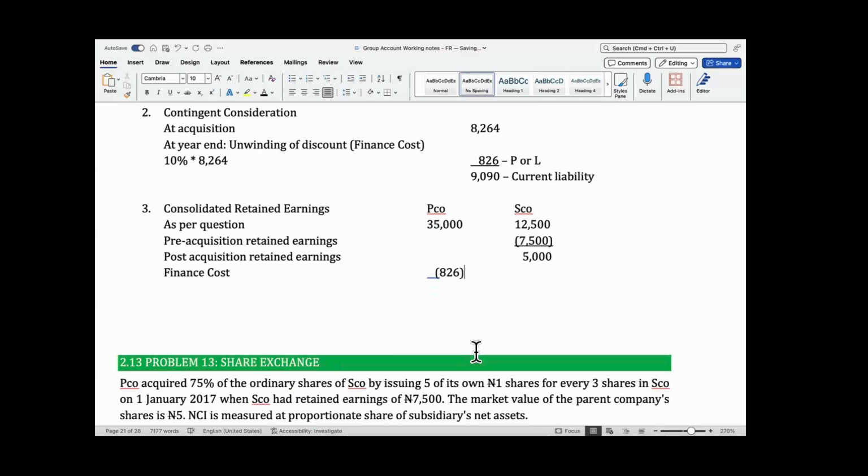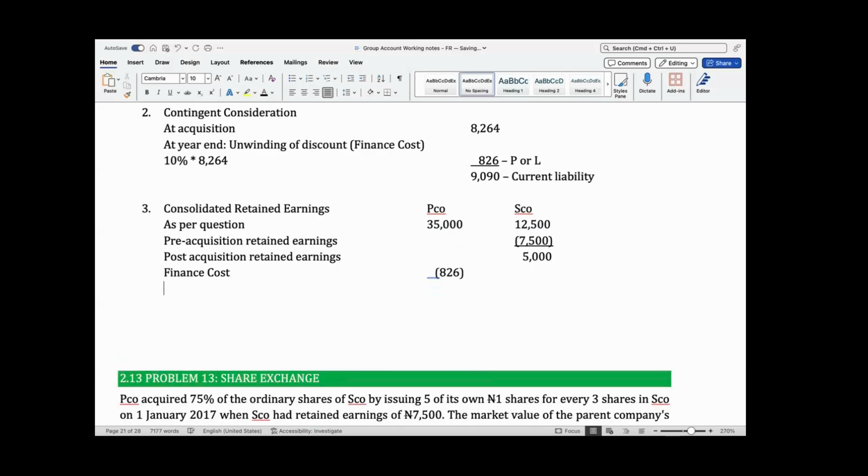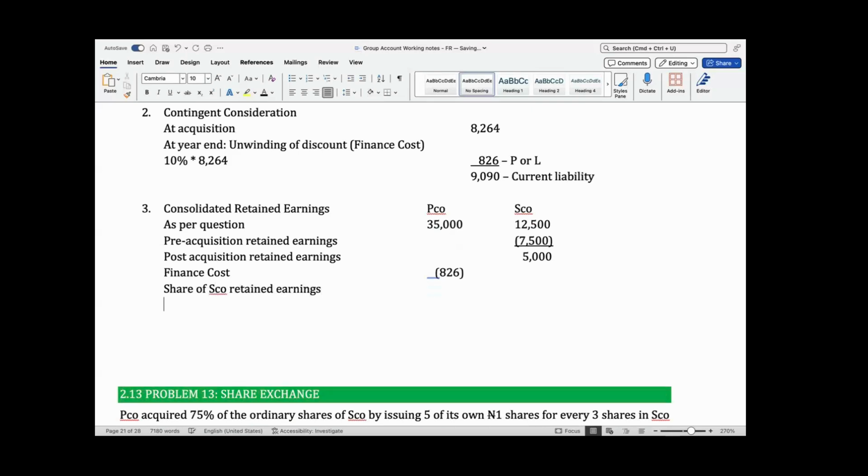So now let's get the share of ESCO retained earnings, which is 75% times 5,000, which is 3,750. Please confirm that I'm correct.